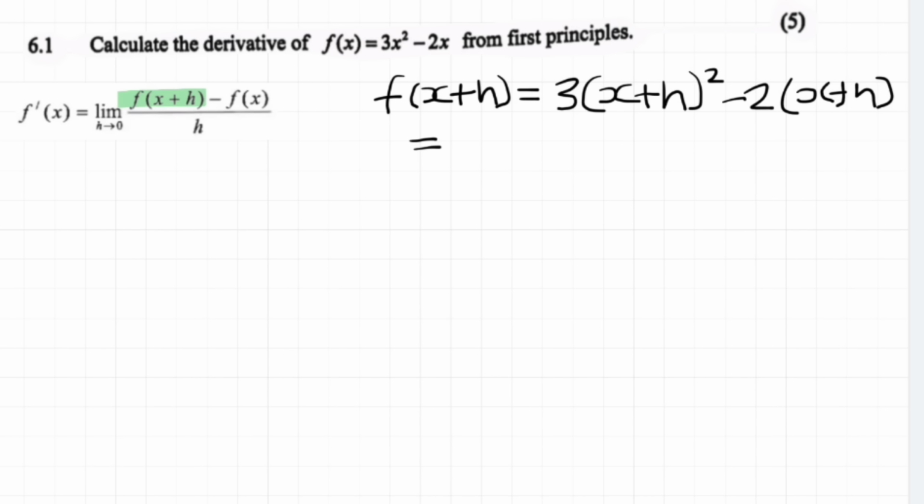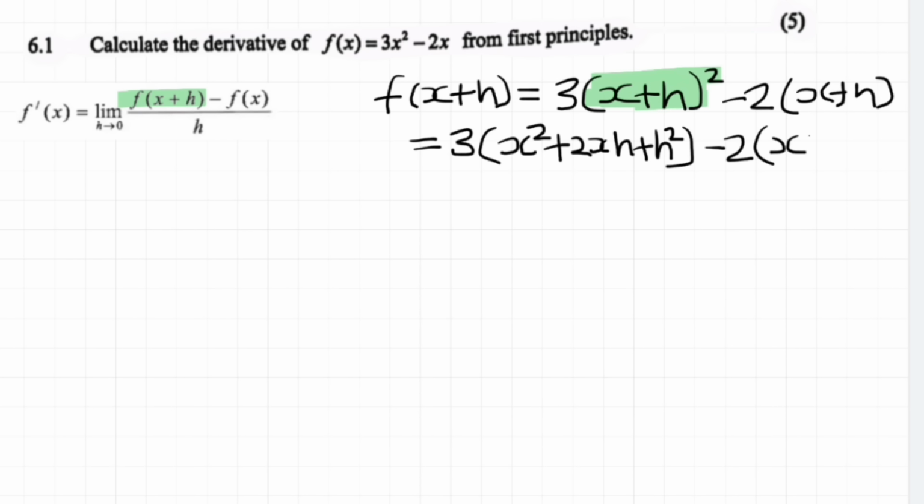Let me first expand this square. As I always tell my students, to cram this: whenever you see (x plus h) squared, if you simplify it, it's going to give you x squared plus 2xh plus h squared. It does not change. It's always going to give you this.